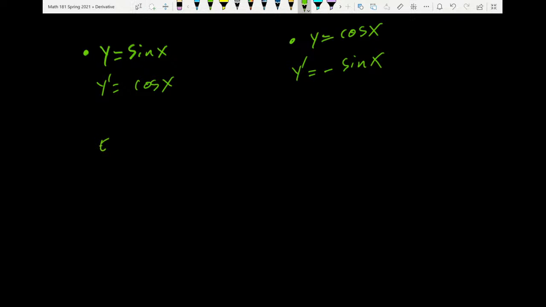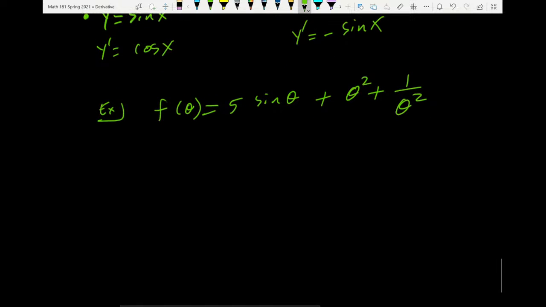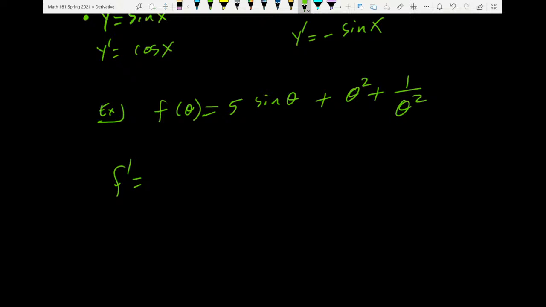So example, f of theta equals 5 sine of theta plus theta squared plus 1 over theta squared. What is the derivative of that? 5 cosine of theta plus 2 times theta. Ooh, this is going to be tricky.